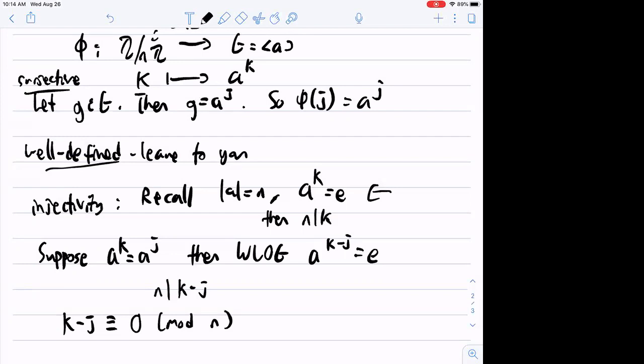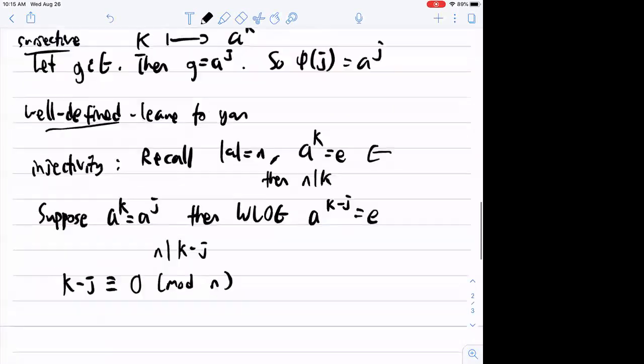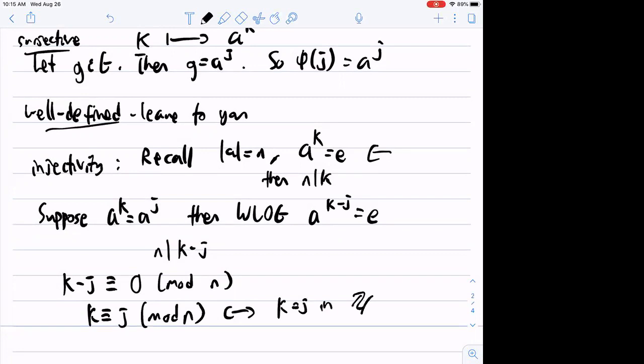If you're divisible by n, you have remainder 0. So k is congruent to j mod n, and this exactly means that k equals j in Z mod nZ. So it's injective.